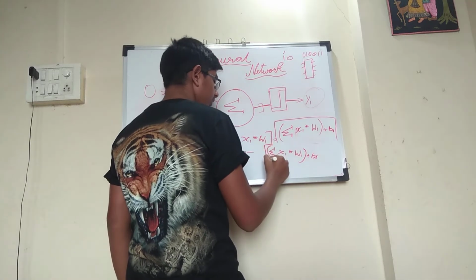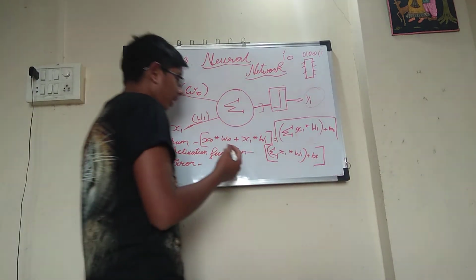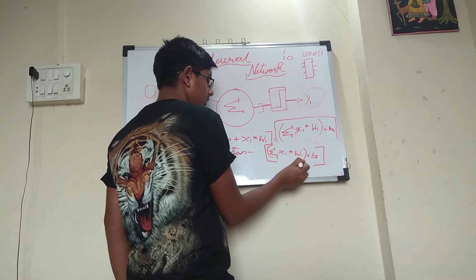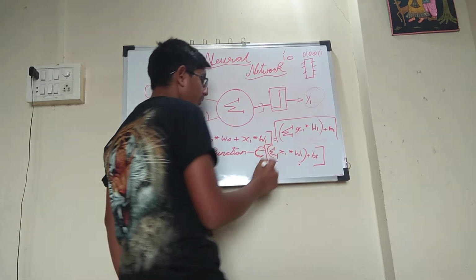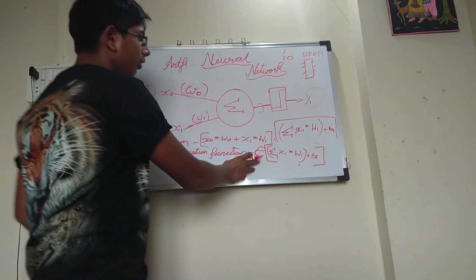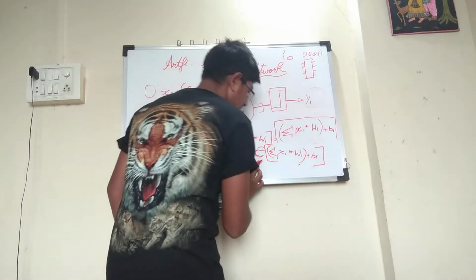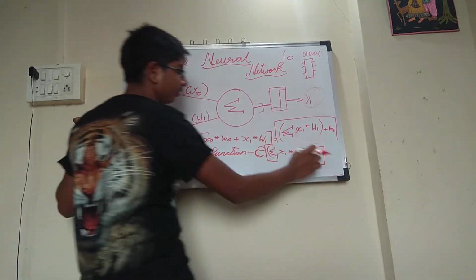Now something will be actually multiplied by this thing. What we call this as activation function, which will be 1 or 0. The activation function's value remains only 1 or 0, because the answer will always come in 1s or 0s.